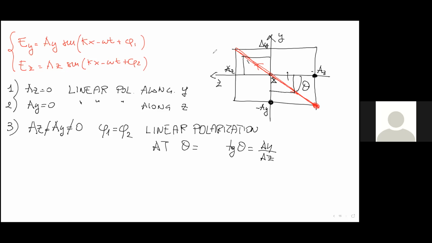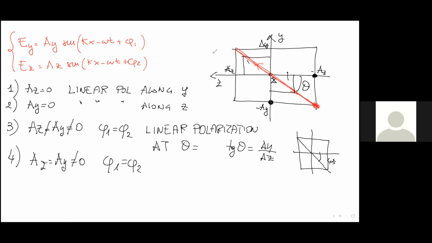Now, what happens if the two amplitudes are the same and different from 0, and the two phases are the same? In this design here, you get that you have a square, and the angle here is 45 degrees.